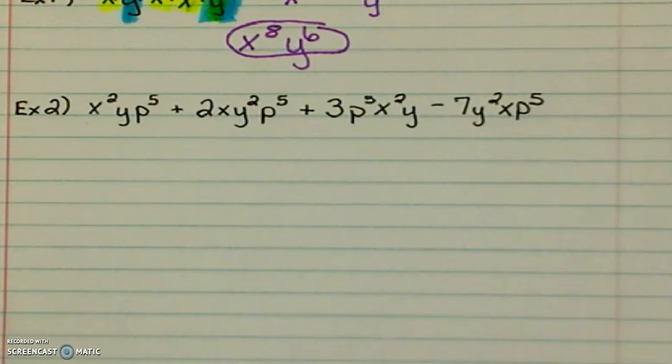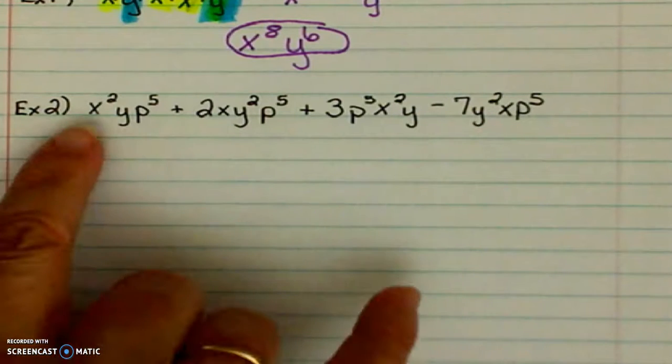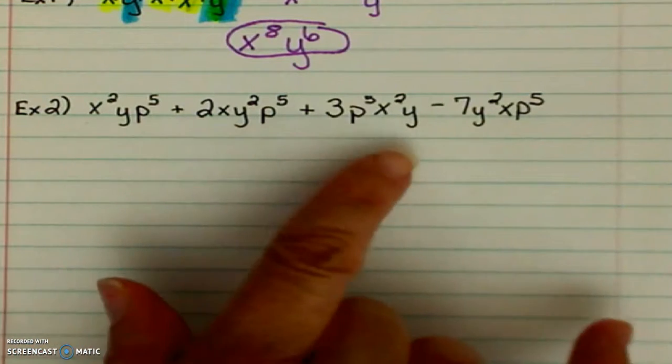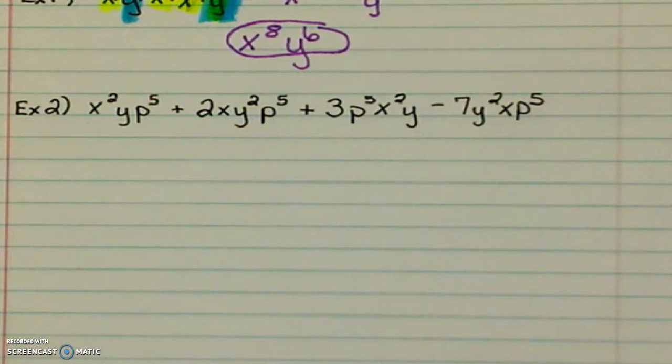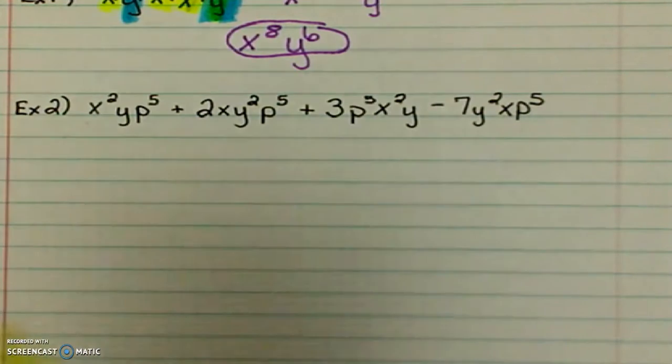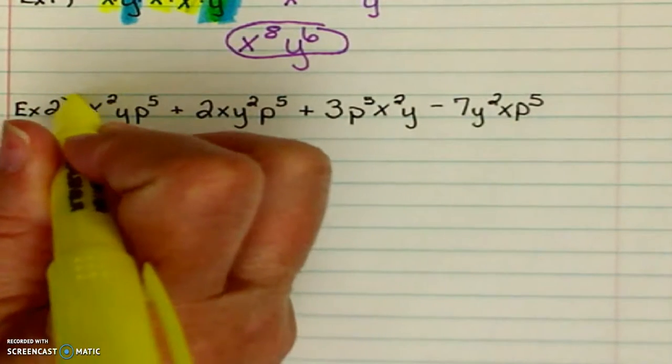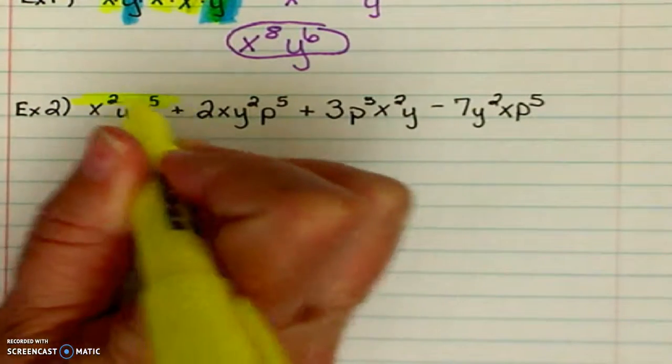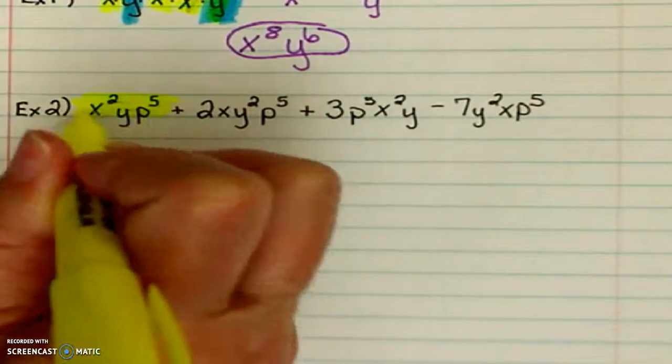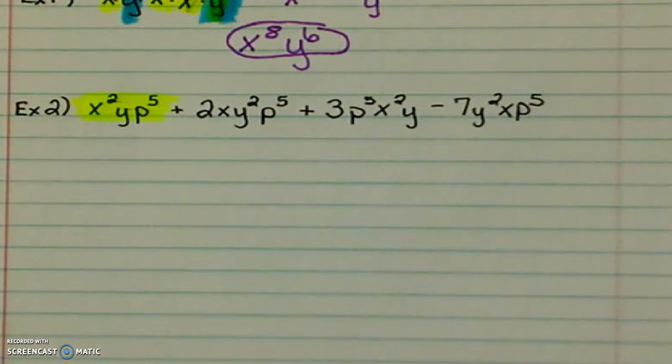As we look at this particular example, it's going to ask you to simplify by adding like terms. So the first thing we want to do is figure out what are the like terms. As I look at this very first term, I have x squared y p to the 5th. Now remember, it is only a like term if its last name is the same, and that means it has to be spelled the same.